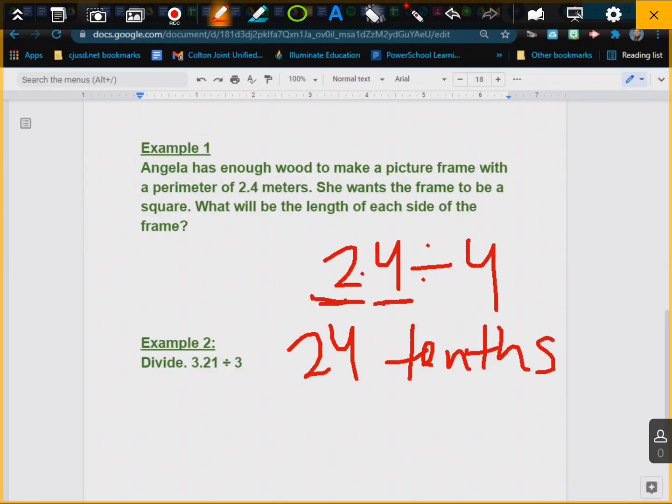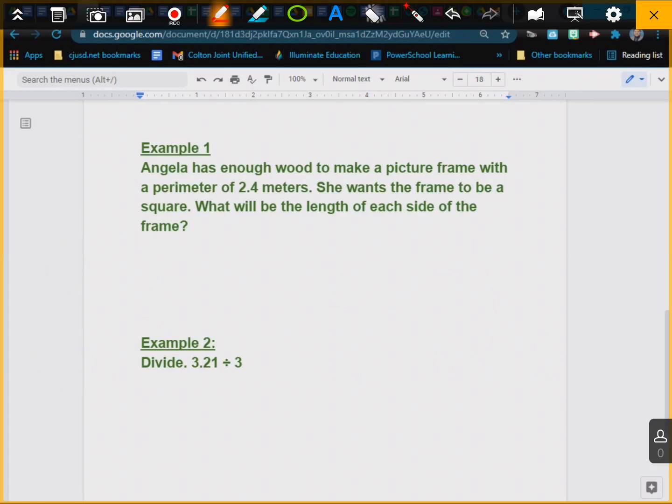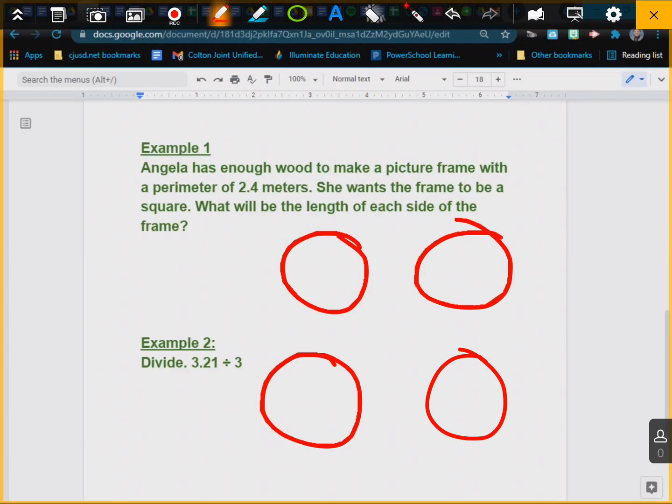So we need to split that into 4 groups. So let's have 1, 2, 3, 4. I need to put 24 into 4.